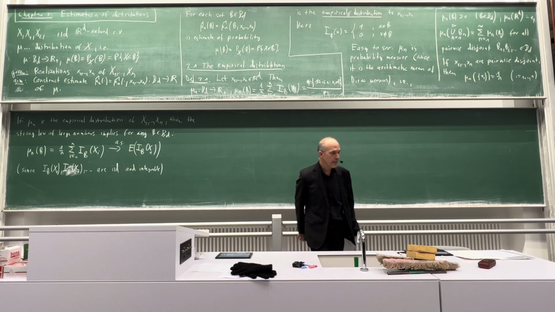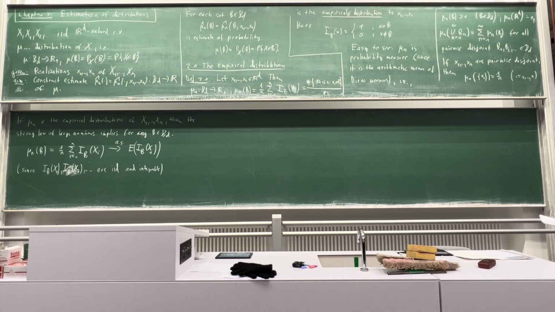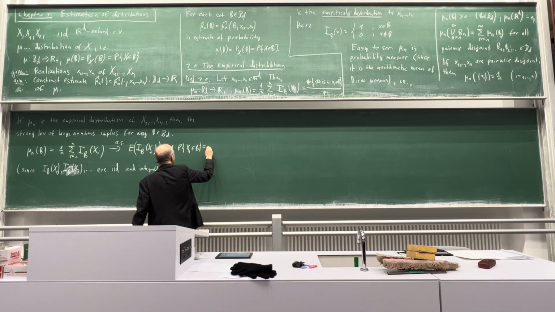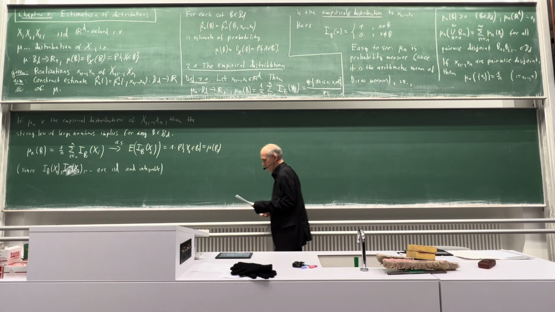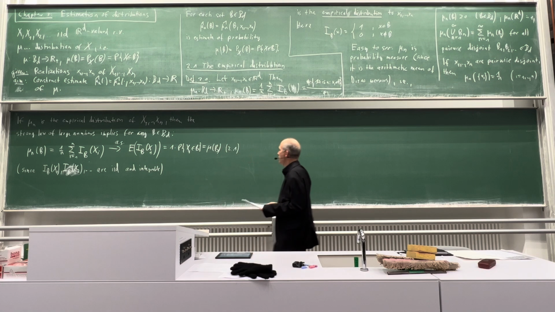And then you see this indicator function: the expectation of this one takes on only two values, 1 and 0. It's just 1 times the probability that it's 1. So that's 1 times the probability that X1 is in B, and that's mu of B. And that I call formula 2.1.